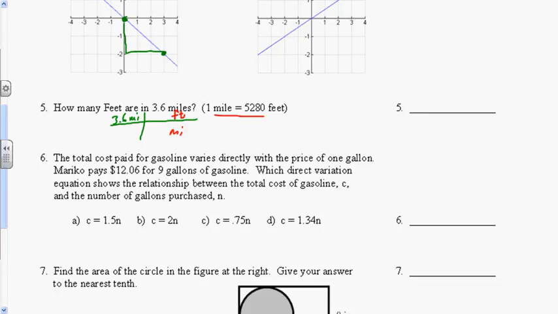They give us a conversion rate, a variation constant, and in 1 mile is 5,280 feet. And we write it this way so that the miles unit will cancel. And if we multiply 3.6 times 5,280 feet, we should get around 19,008 feet.